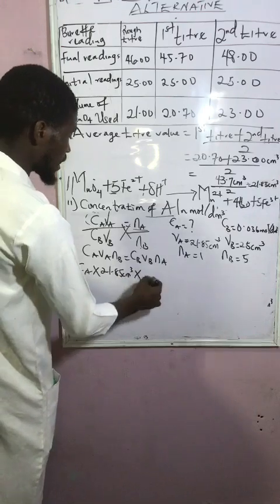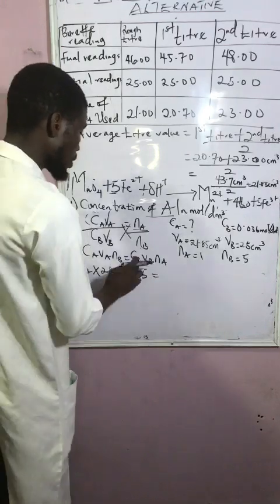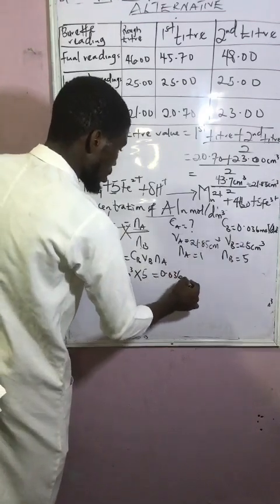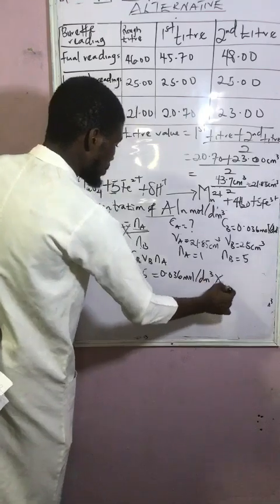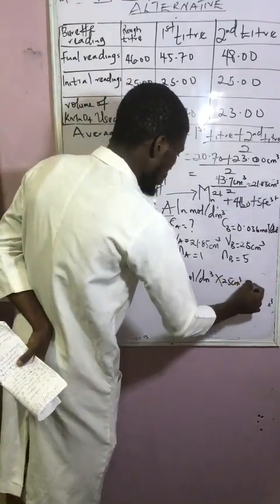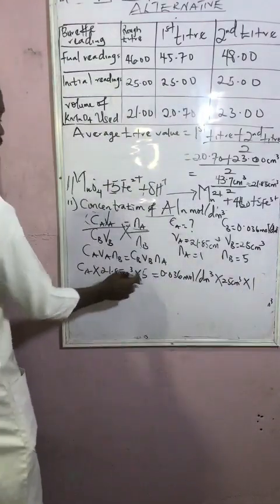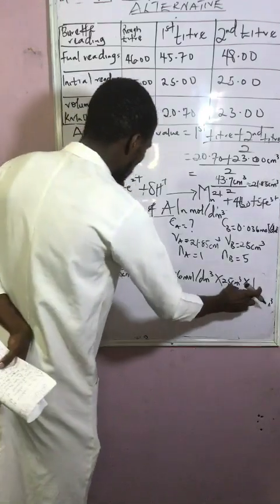But our Nb is 5. So equal to, what's our Cb? 0.036 mole per dm cube, multiplied by our Vb, which is 25 cm cube, multiplied by our Na, which is 1. So multiply these two together, multiply what you have here together, then you divide.